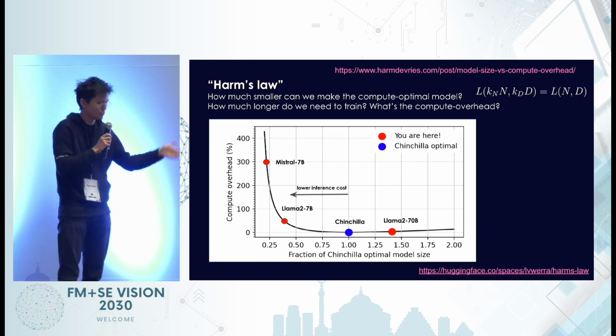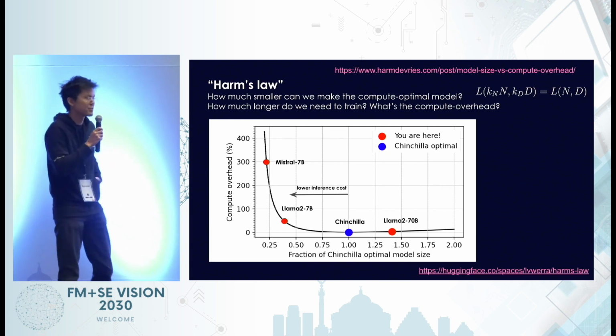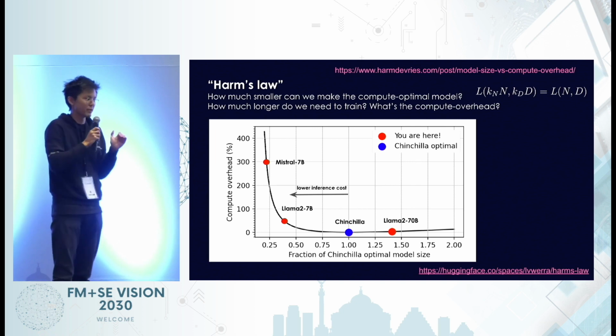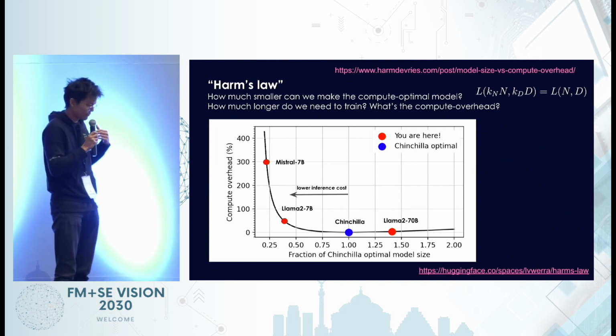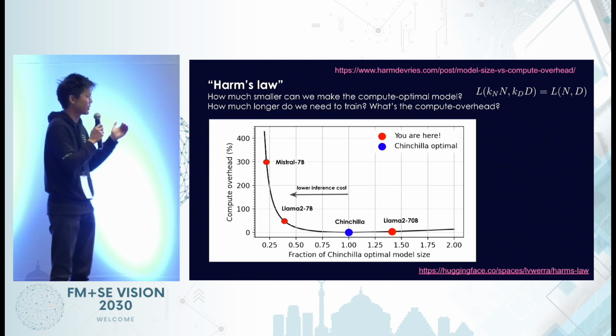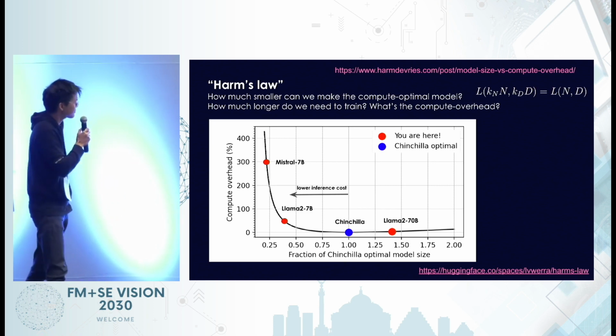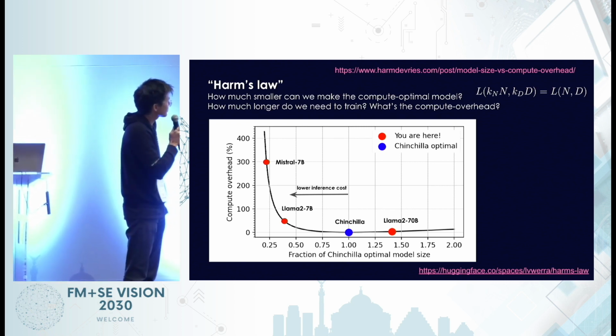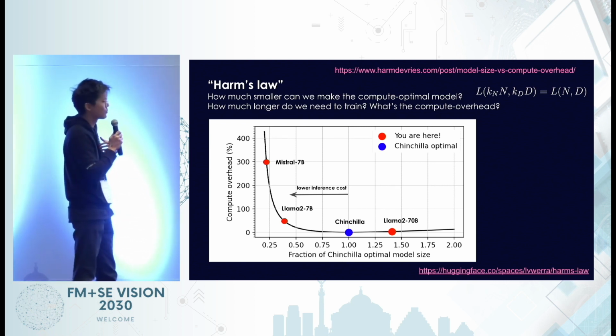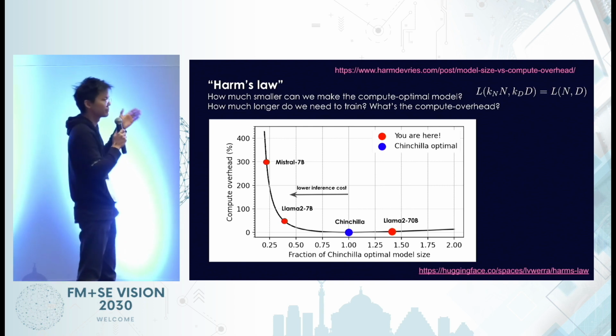But as you run more and more inference with your model, you're actually better off training smaller models, because your inference costs will become larger compared to your training cost. And so what this graph shows is it starts from a model that's Chinchilla optimal, so optimal in the sense of the scaling laws.